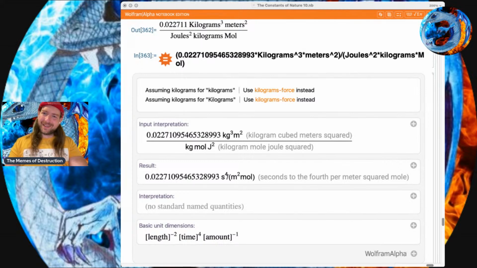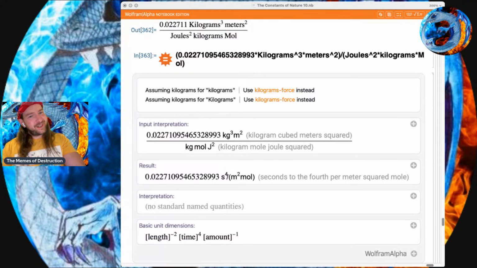Oh, we're gonna need more than just molar volume. We need... hold on. Where's molar volume? Molar volume. Length and amount, but we need change.